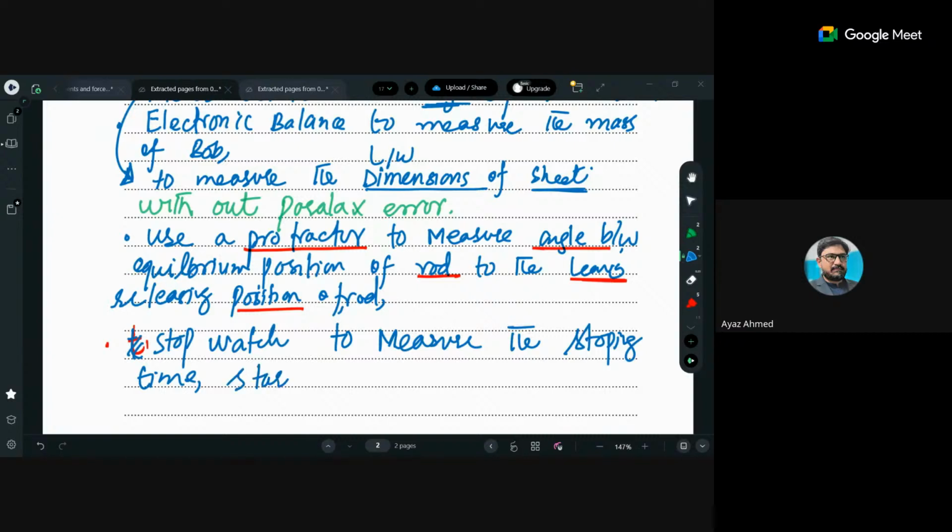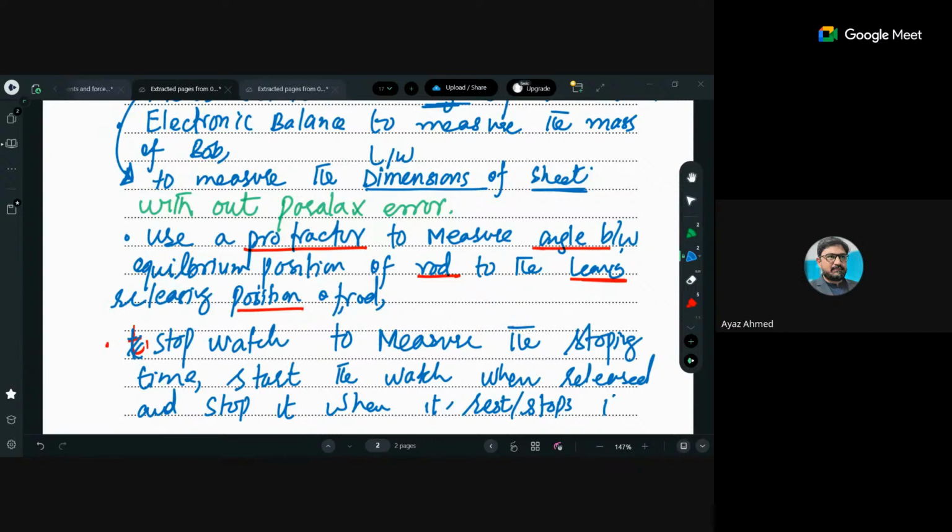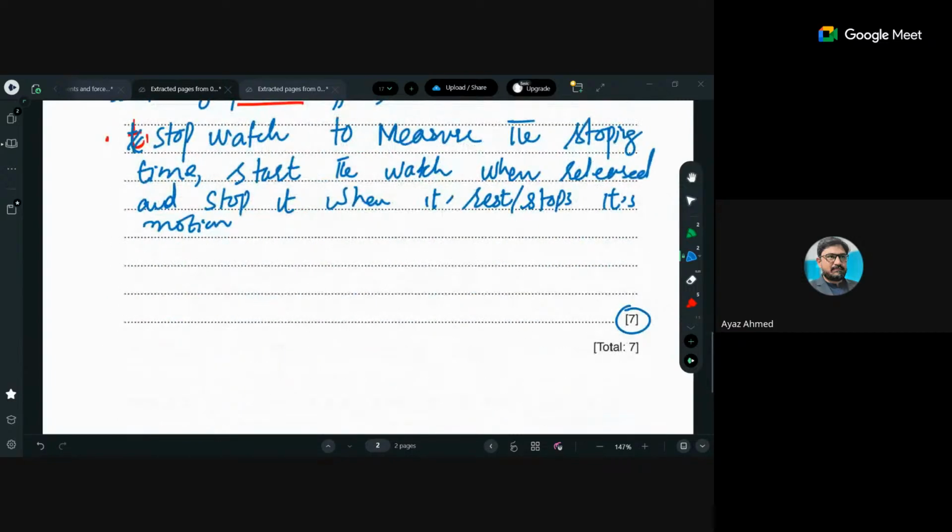Start the stopwatch when released, and stop it when it comes to rest or stops its motion. Got it? Any confusion in this all?